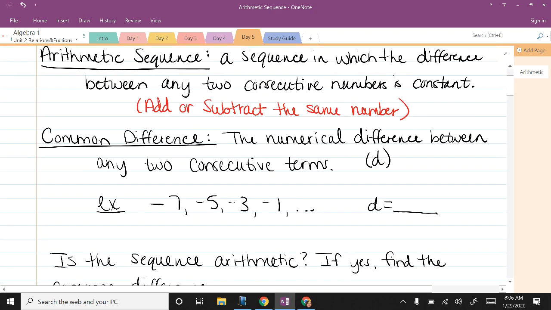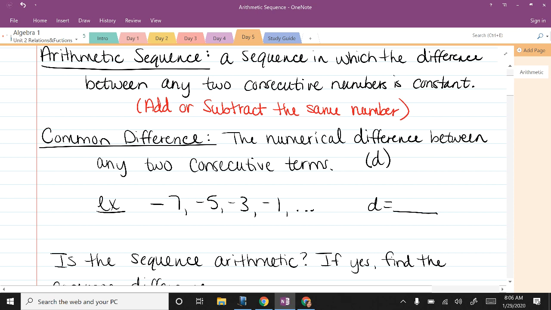All right. In an arithmetic sequence, you have something called a common difference. The common difference is basically the number that's being added or subtracted every time. We call it D. So variable D is going to be the number that's being added or subtracted every time.